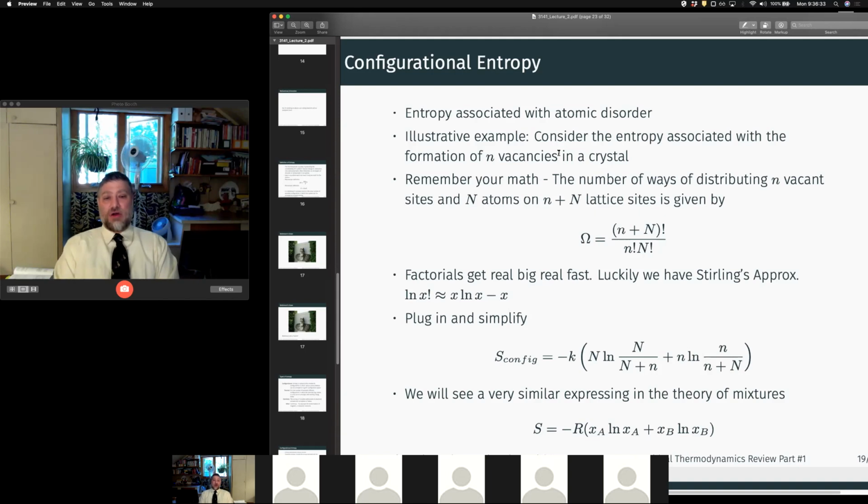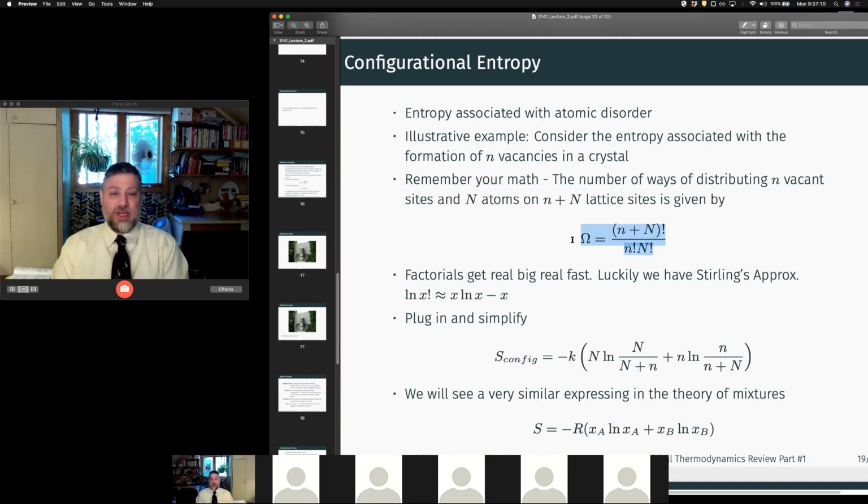Okay, so if we have a crystal lattice, and we want to put n vacant sites and N atoms on a total of little n plus big N lattice sites, the number of ways of distributing that is going to be (n + N) factorial divided by n factorial, the number of vacancies, and N factorial, the number of atoms.